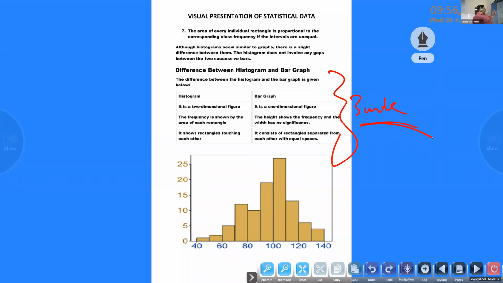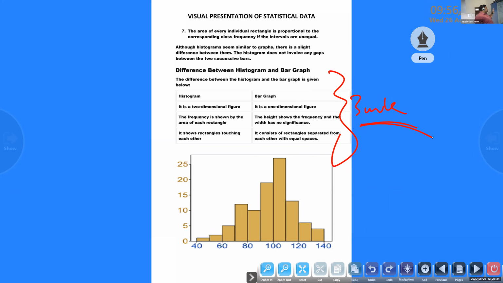A histogram is a 2-dimensional figure. At the same time, a bar graph is a 1-dimensional figure. In a histogram, the frequency is shown by the area of each rectangle. So you can easily understand here, right? In the case of a bar graph, only the height matters.